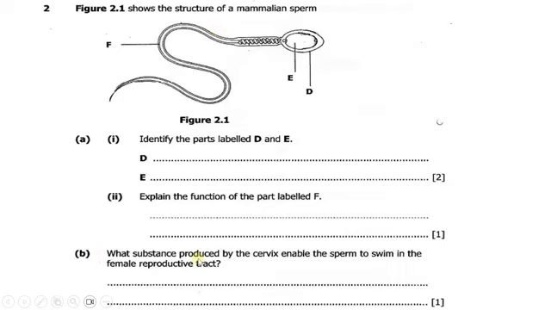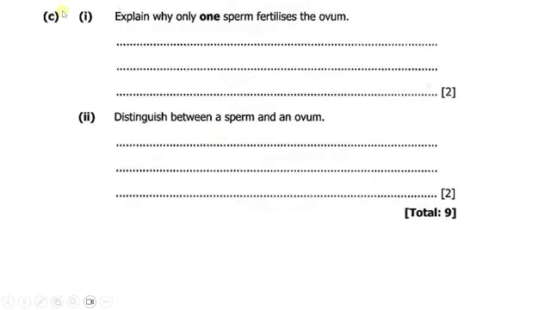Then B says what substance produced by the cervix enables the sperm to swim in the female reproductive tract. Then C part 1 says explain why only one sperm fertilizes the ovum. Then part 2 says distinguish between a sperm and an ovum.